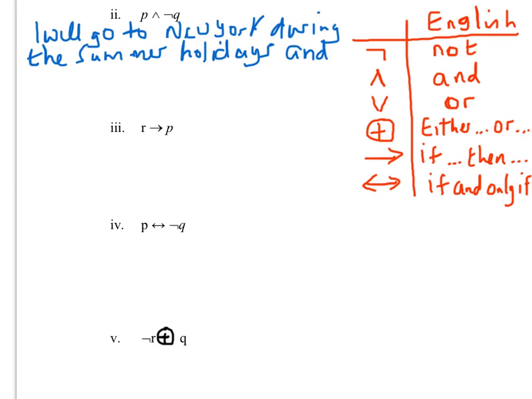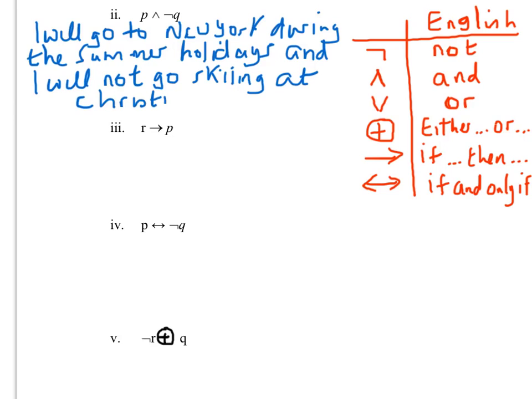The next connective is the not symbol, and it's in front of Q, and Q is the proposition I will go skiing at Christmas. So not Q is the proposition I will not go skiing at Christmas. So I'll write that down, and I will not go skiing at Christmas. And that's the solution to part 2.